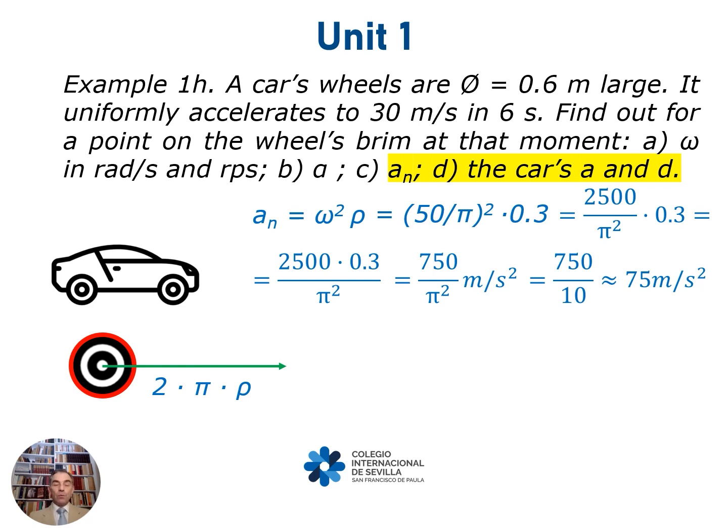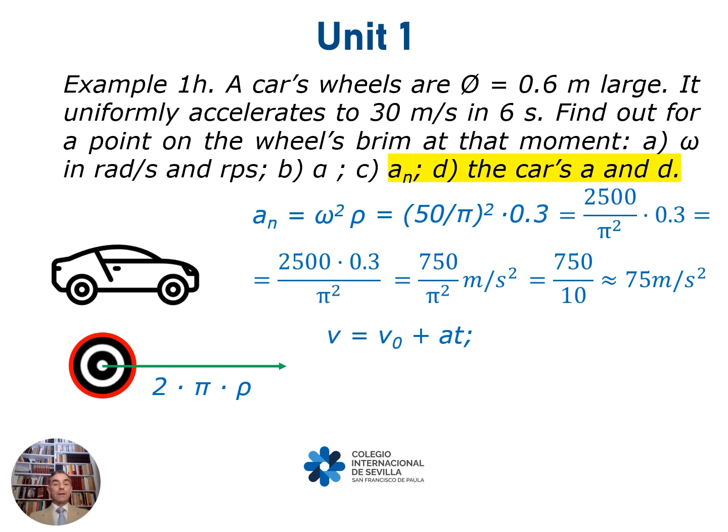Let's now move on to the car's linear acceleration. We know that in uniformly accelerated rectilinear motion, speed v equals initial speed v0 plus the acceleration times time.